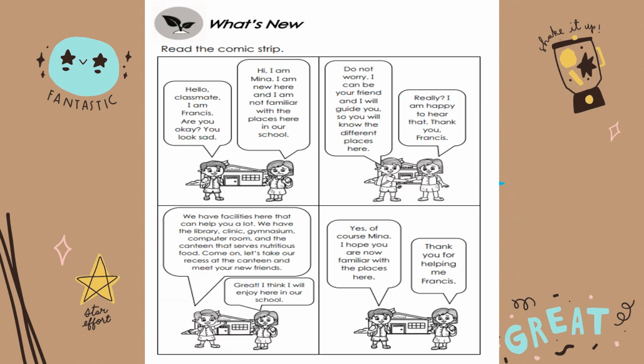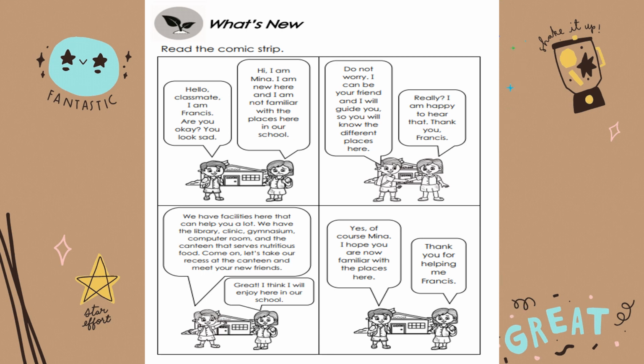Now, read the comic strip. Hello, classmate. I am Francis. Are you okay? You look sad. Hi, I am Mina. I am new here and I'm not familiar with the places here in our school. Do not worry, I can be your friend and I will guide you so you will know the different places here. Really? I am happy to hear that. Thank you, Francis.